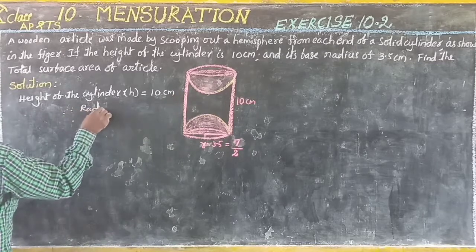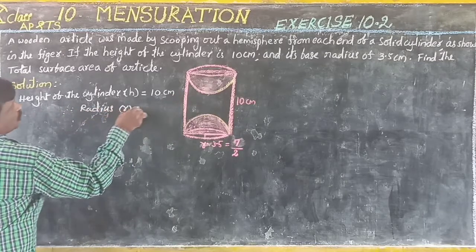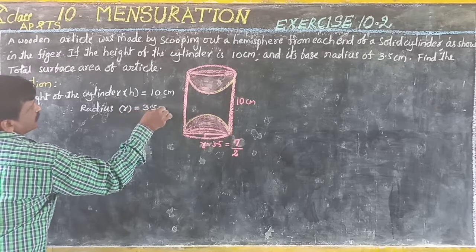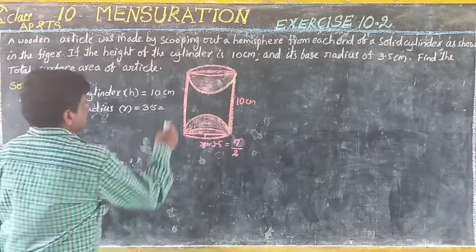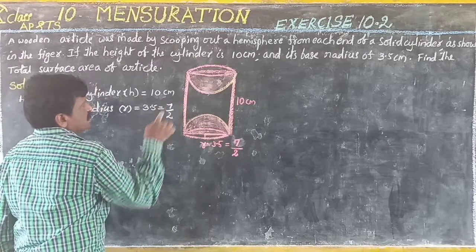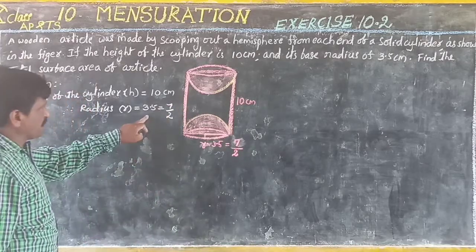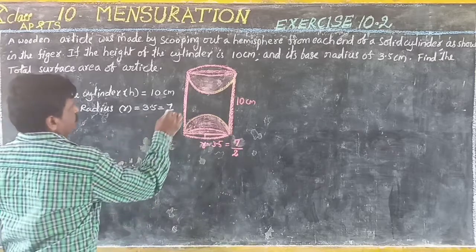Radius r is equal to 3.5; 3.5 we may write as 7 by 2.